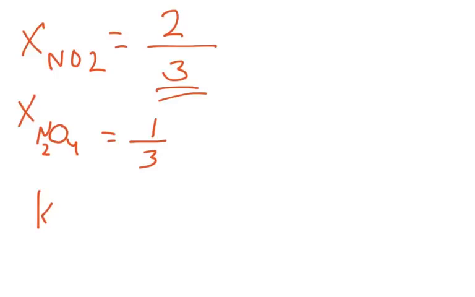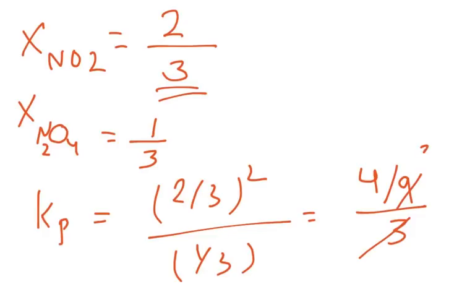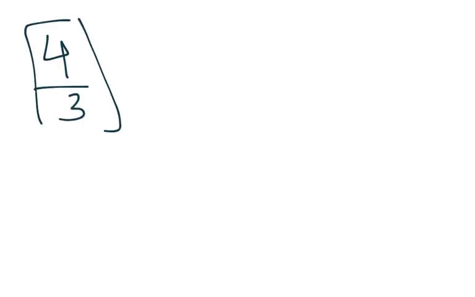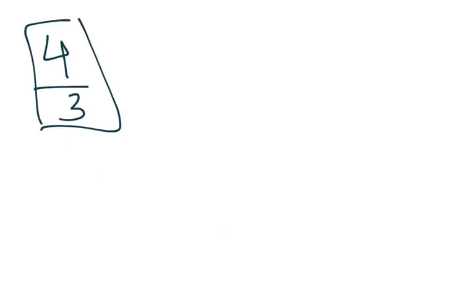Alright? And Kp, based on our initial guess, was (2/3) squared over 1/3, which makes it 4 over 9 over 1/3. We know this one cancels this one. So we end up with 4 over 3. So that is our answer. We know Kp has a lot of issues, so our answer should be C.